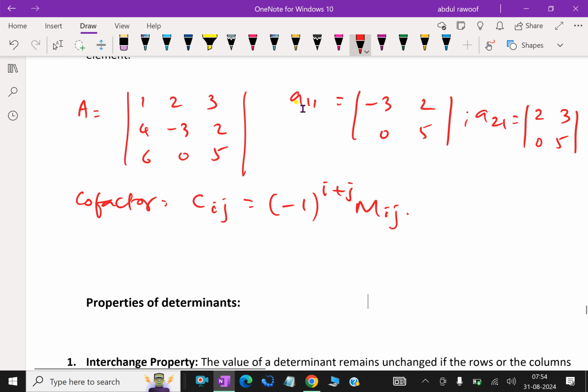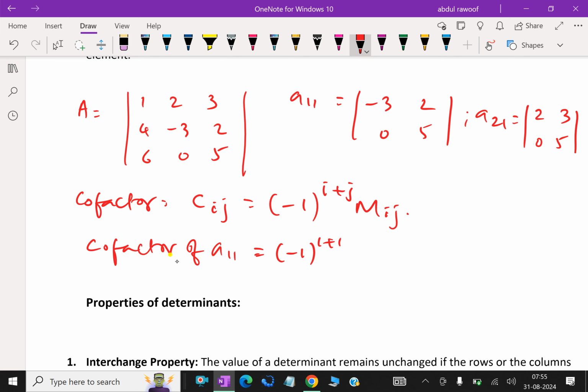Suppose the cofactor of A11. Look at here, A11 is 1. So we have to write minus 1 to the power i plus j, where i is 1, j is 1. i plus j is 1 plus 1.